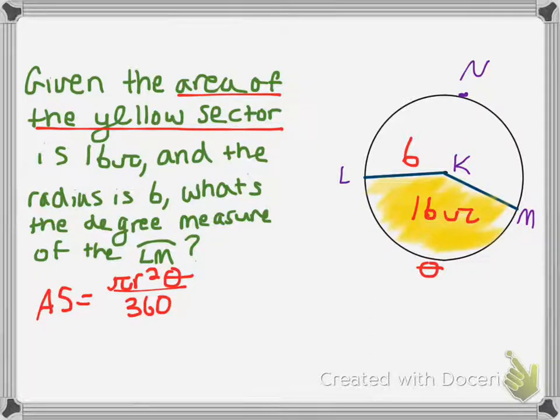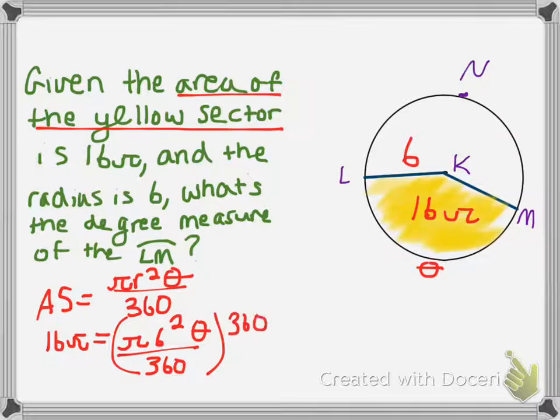Let's plug in. I know that this is 16 pi equals pi 6 squared theta divided by 360. Multiply both sides times 360.